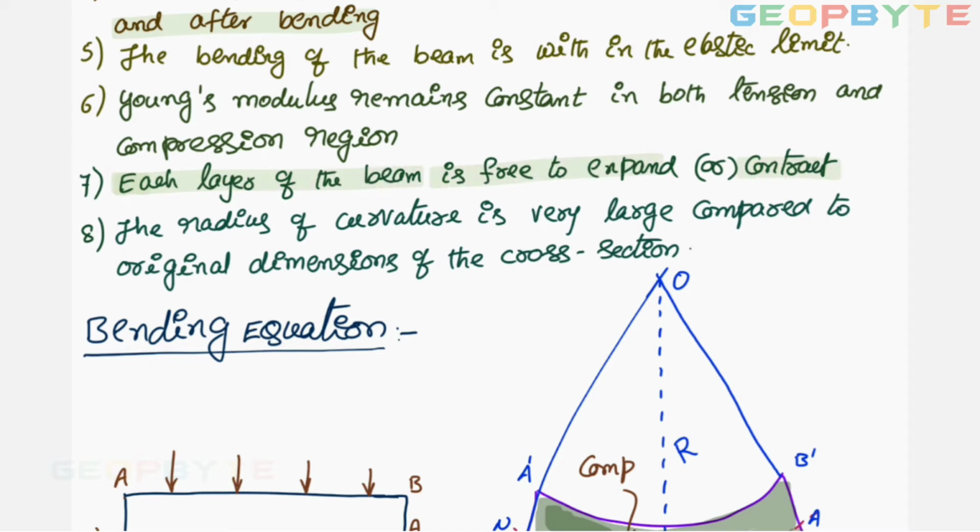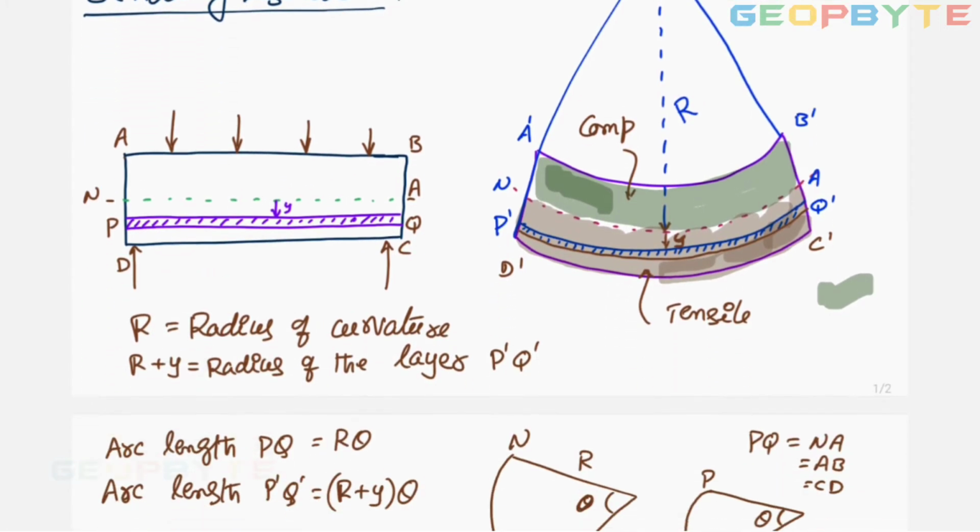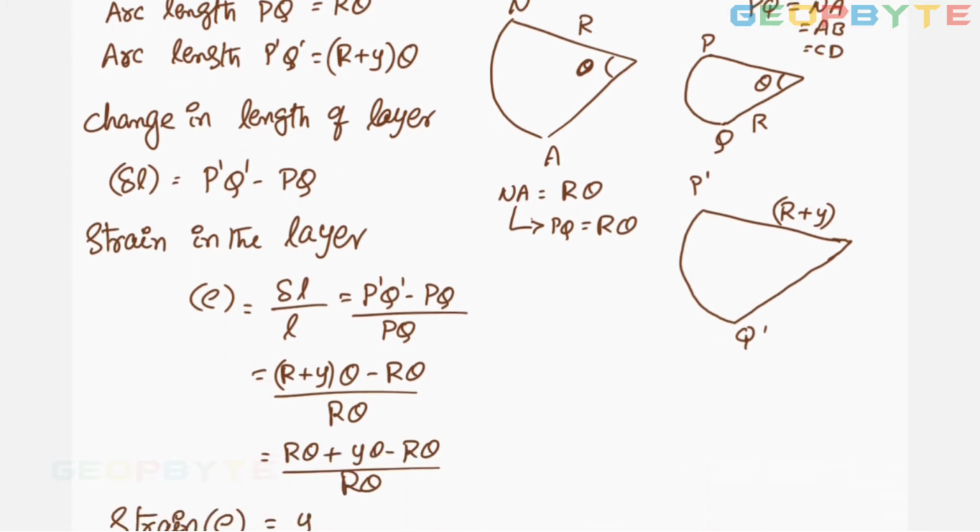That means all layers of the beam must be freely expanding or contracting. Next, the radius of curvature is very large compared to the original dimensions of the cross section, like BC and AD. The radius of curvature is R, and it is very large compared to the original cross section of the beam. So with these assumptions, let us find the bending equation.